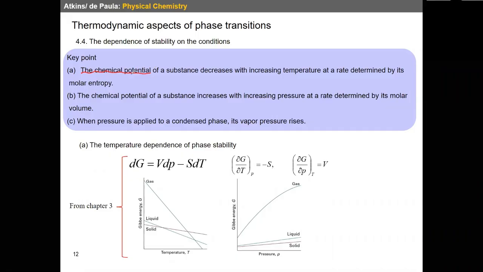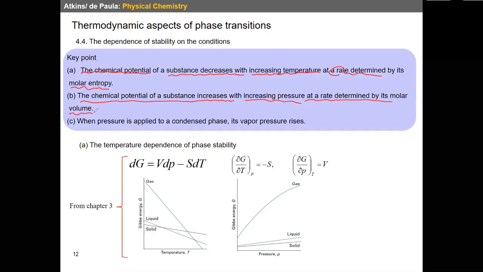The chemical potential of a substance decreases with increasing temperature at a rate determined by its molar entropy. And the chemical potential of a substance increases with increasing pressure at a rate determined by its molar volume.